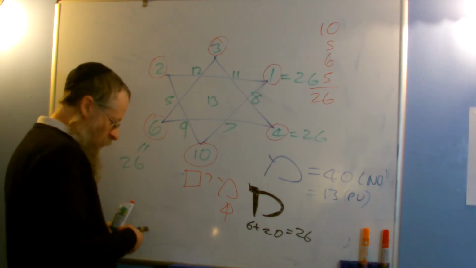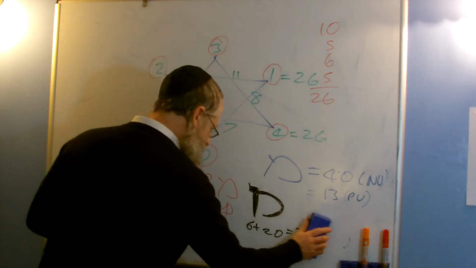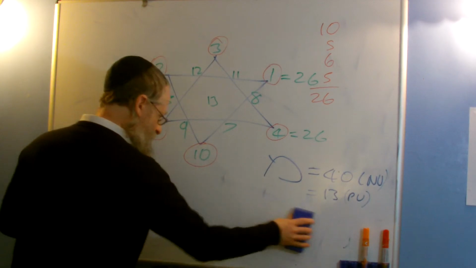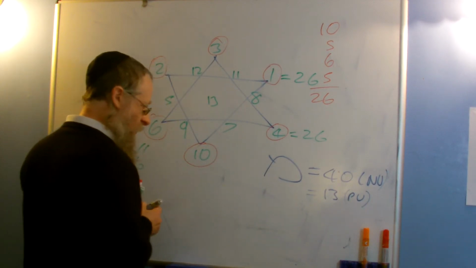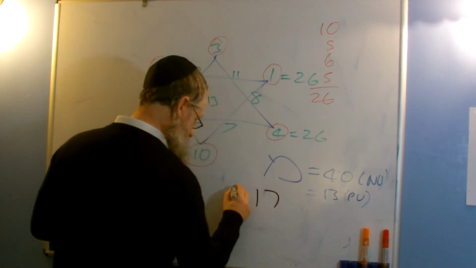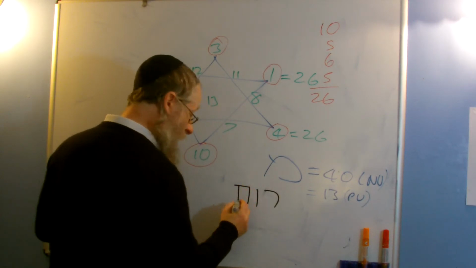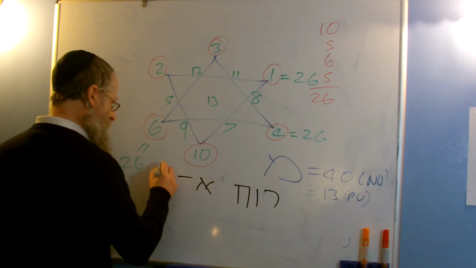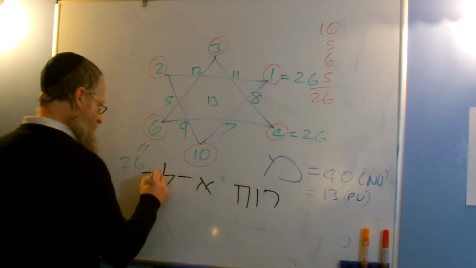So we'll look at this Ruach Elokim, which is the Spirit of God. In Hebrew it's Ruach Elokim. Ruach means a spirit, or wind as well. Elokim, I'm going to write that with a dash because I don't want to write God's name on the board.